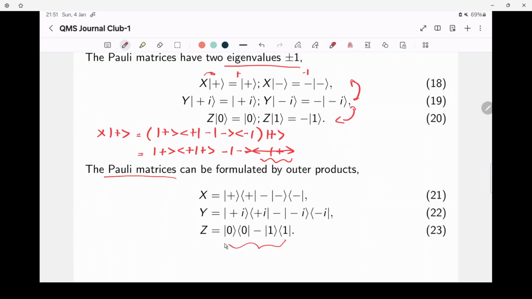So this cancels off, and then this is equal to 1. So you are just left with the plus. So you can prove 18 until 20 using 21, 22, and 23.